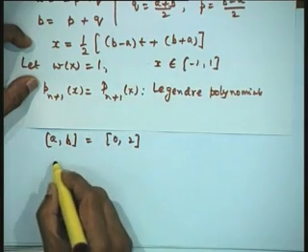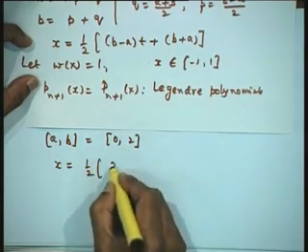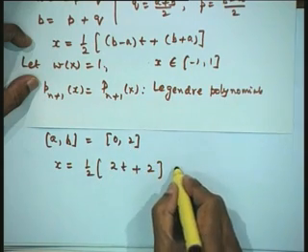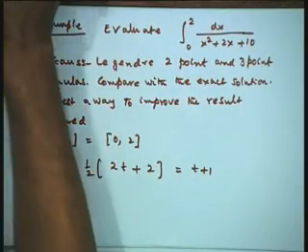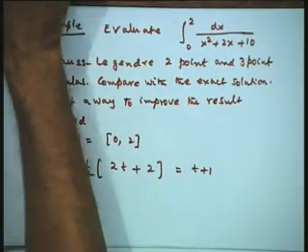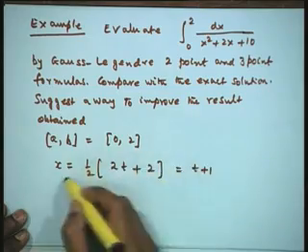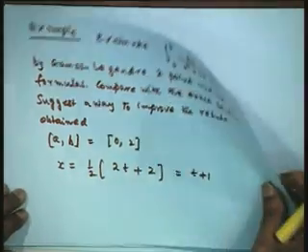So, I can immediately write down that x will be equal to half of b minus a into t plus b plus a, that is equal to t plus 1. So, this is the transformation that is required. You can verify when x is 0 t is minus 1, when x is 2 t is equal to 1. So, we have reduced it to the required form.